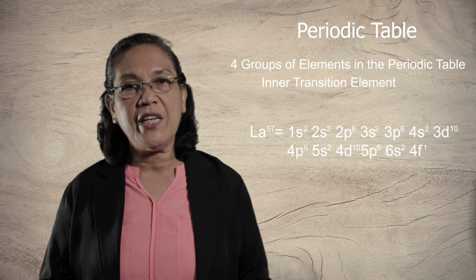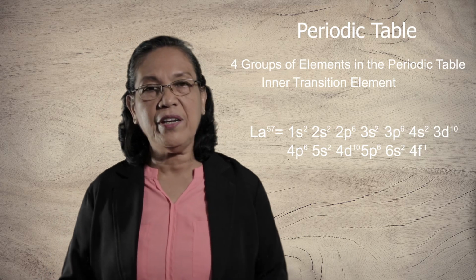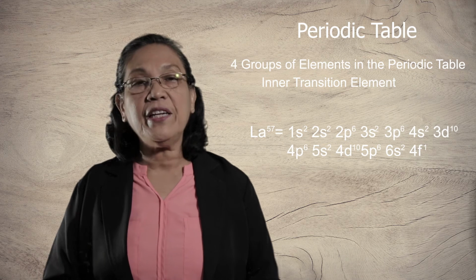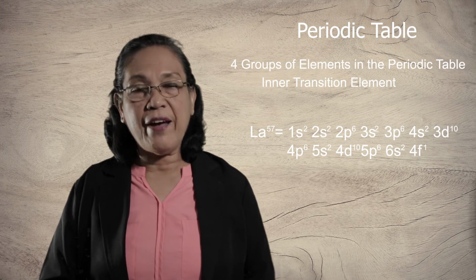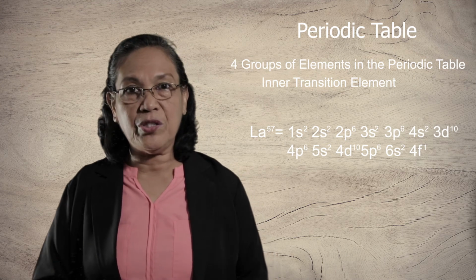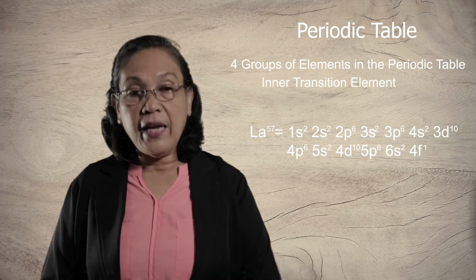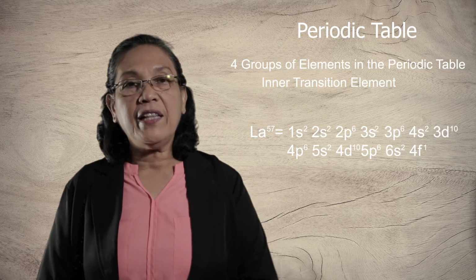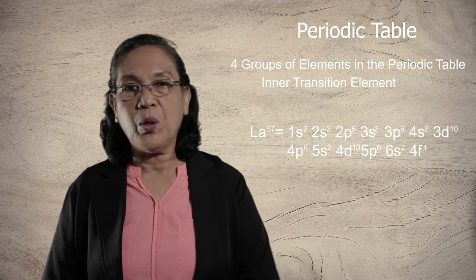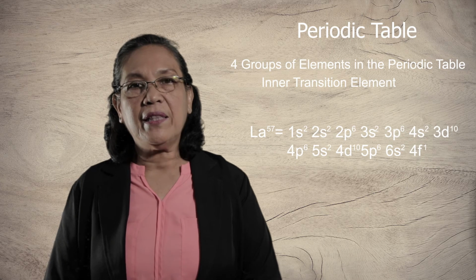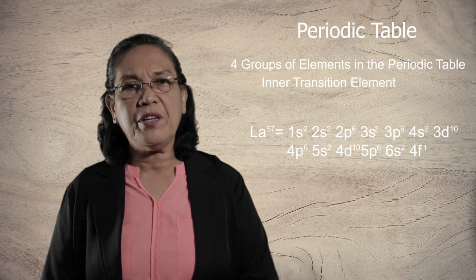If you make the electronic configuration, you can check that the 4th energy level should have 32 electrons to be complete. In the 5th energy level, there are only 8 electrons of lanthanum occupying the energy level, but supposedly there should be 50 electrons.